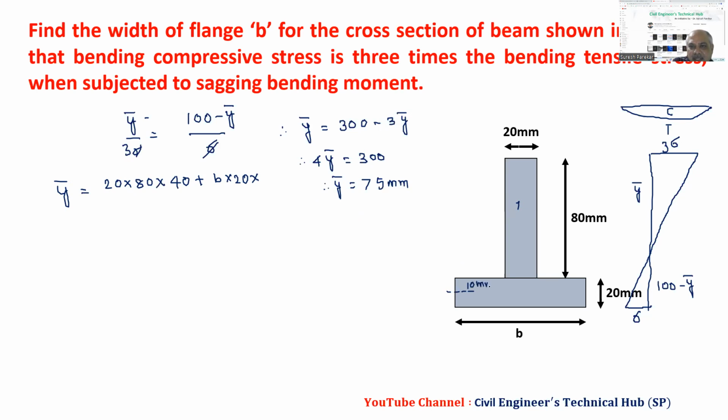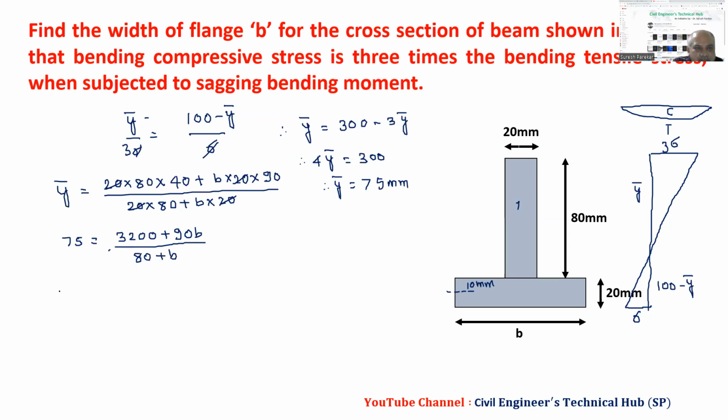So 10 plus 80 into 90, divided by 20 into 80 plus B into 20. Now you can see we have 20 in all terms, so we can cancel 20 from all terms. And Y bar we have 75. So 75 is equal to 3200 plus 90B divided by 80 plus B.